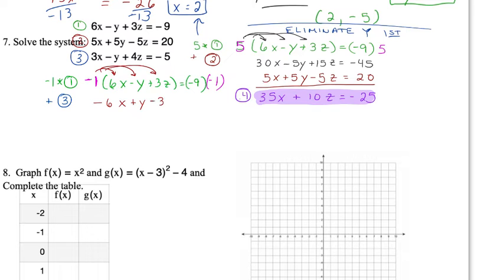Here comes equation 3, which should be set up now to eliminate the y's. And then our result, negative 3x, y's disappear, plus z equals 4. That's our equation number 5.